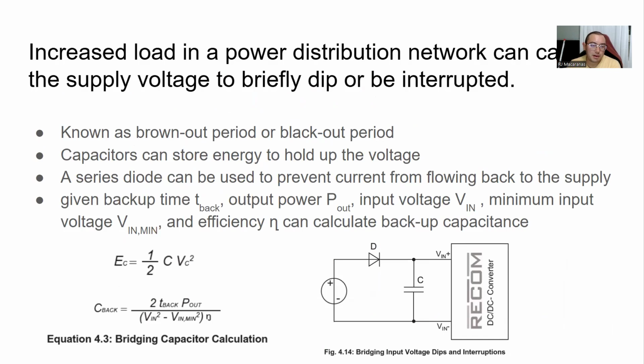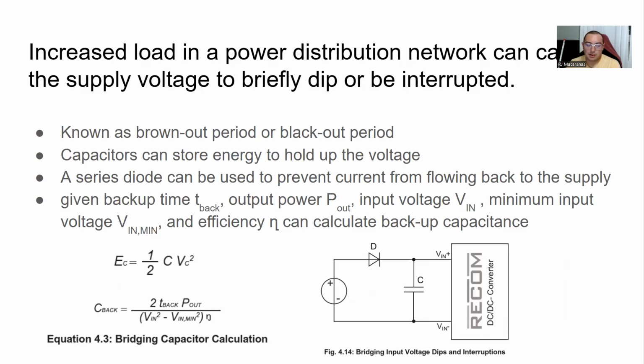So another thing to talk about is these voltage dips on the input side. These are called brownout periods or blackout periods where the input voltage drops too low. Maybe it's just momentary and it comes back up.